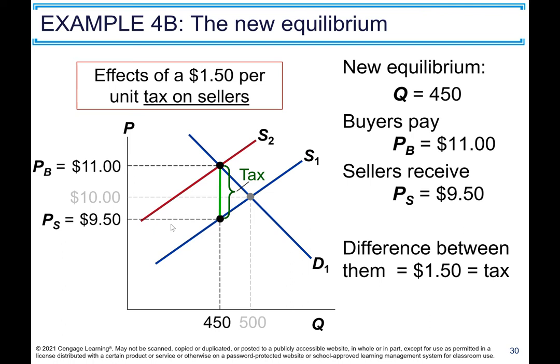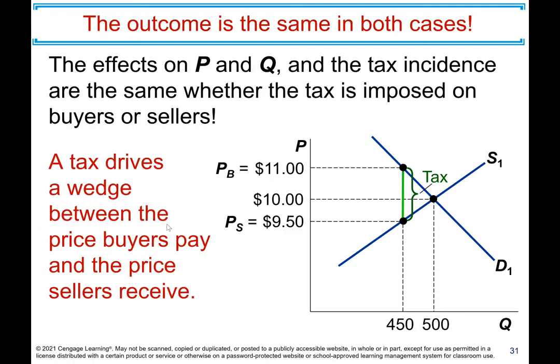They have to write a check to the government of $1.50. The conclusion here is that the outcome is the same in both cases. Whether the tax is imposed on a buyer or on a seller, the outcome is exactly the same.